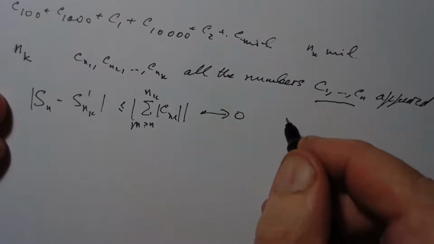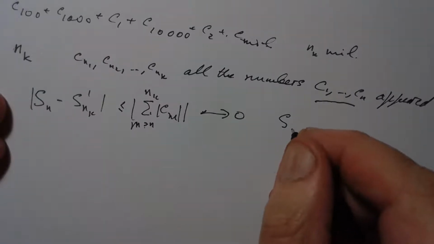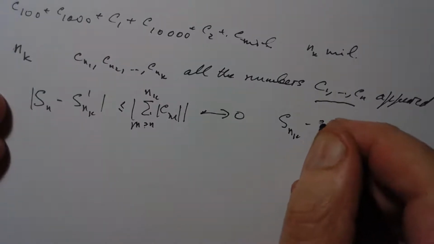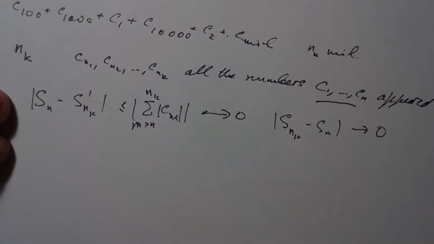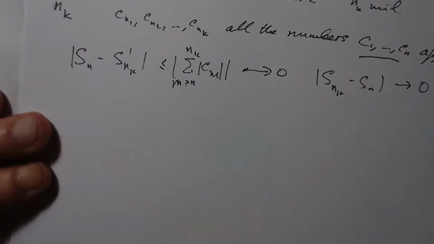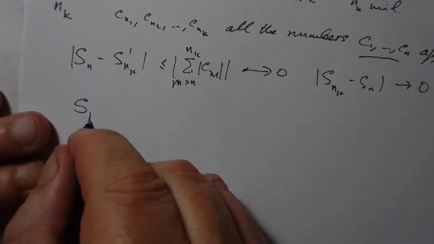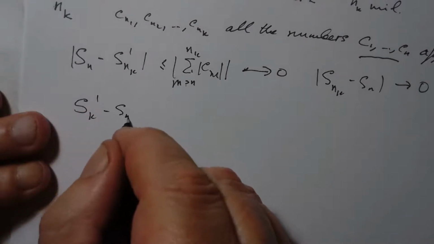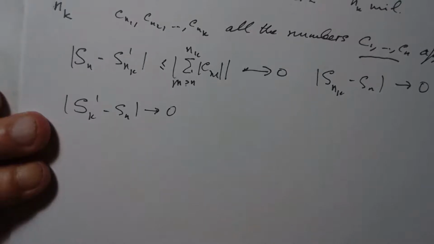And this will converge to 0, because what I have here is nothing else but the partial sums of S_{n_k} minus S_n, and I know that this converges to zero. Well, not only that, but it also shows that the partial sums S_k prime minus S_n converge to zero as k and n tend to infinity.